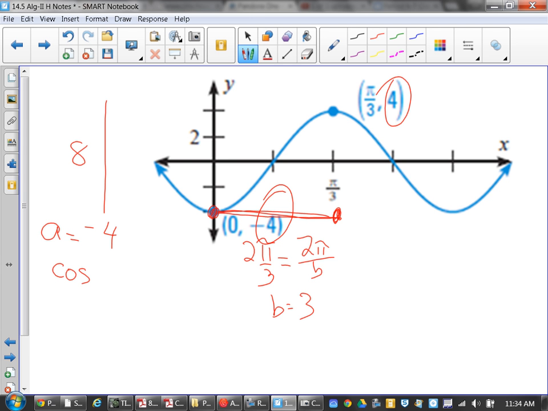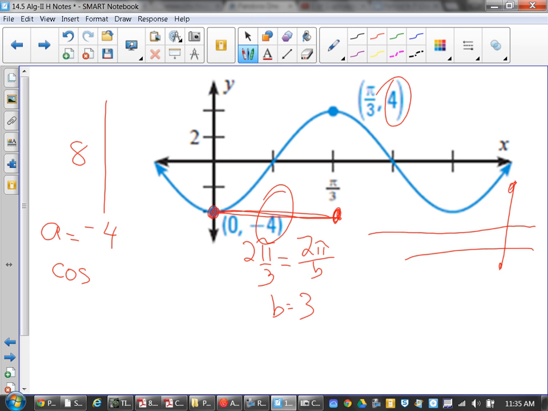The midpoint of these two values is 0. If it was up at 6 and -2, your vertical shift would be +2. That way they're balanced the same amount. You're finding the midpoint.